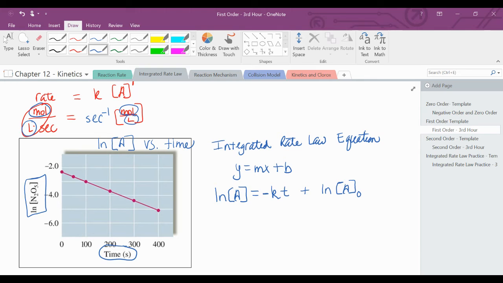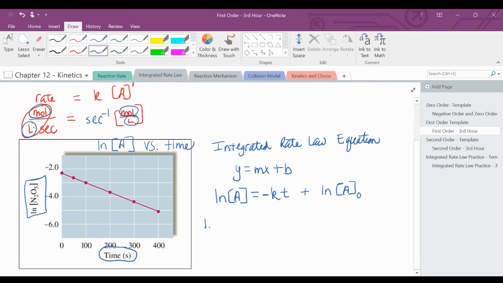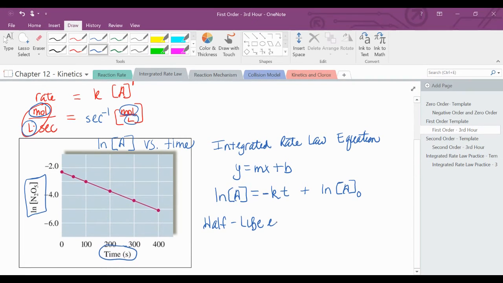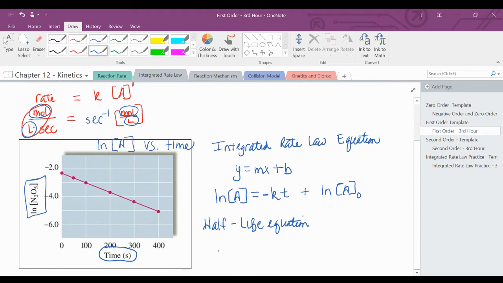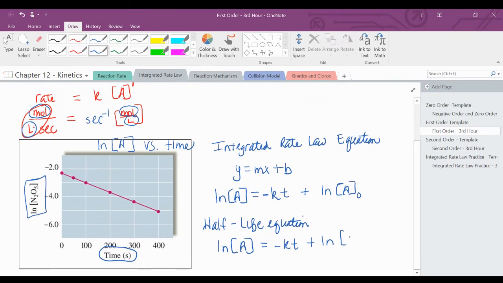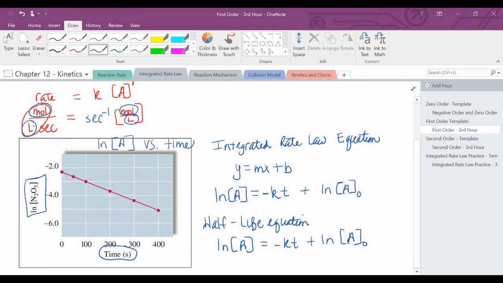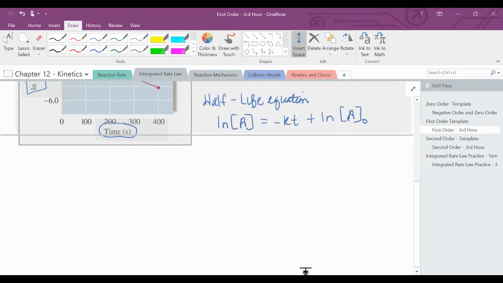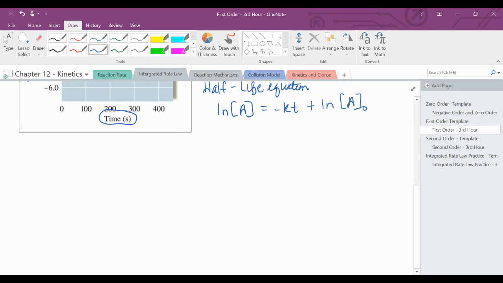All right, so we can use our integrated rate law equation to come up with our half-life equation. So I'm going to rewrite our integrated rate law equation. All right. So again, if we're talking half-life, then it's half the original concentration.